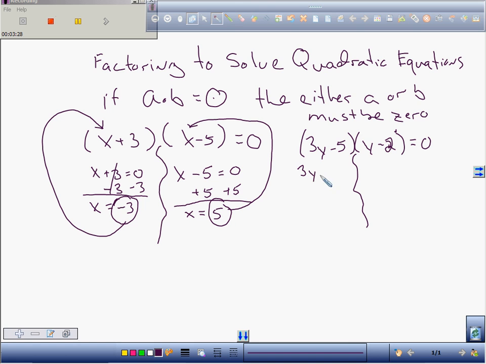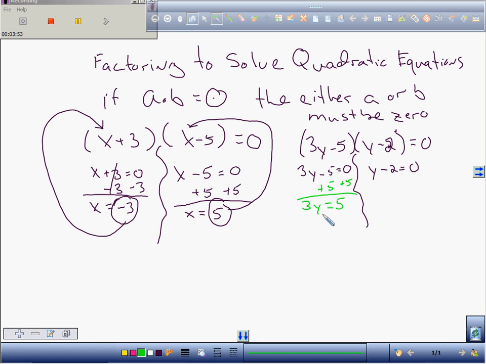This one might involve a couple of steps. Either 3y minus 5 equals 0 or y minus 2 equals 0, and I have to solve these two things algebraically. How do I solve this one? What do I do to both sides? First, add 5 to both sides, and then I get 3y equals 5.